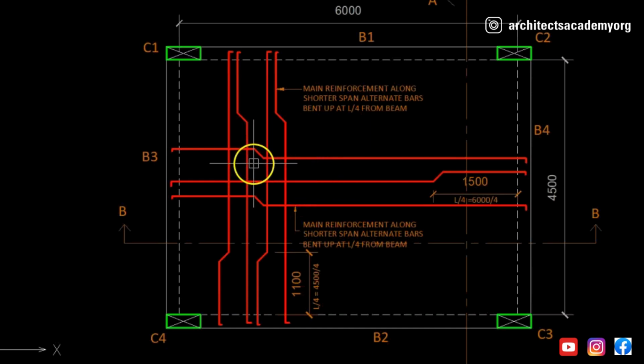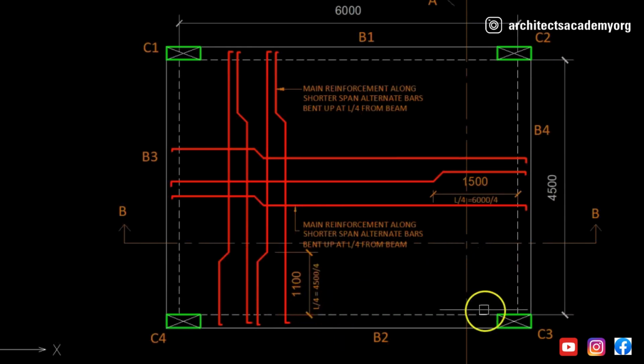The distance between the reinforcement is governed by the structural drawing, the calculations based on the structural drawing, and the diameter of the bars are also based on the structural design of the slab. You will see that on this side also the alternate bars are bent up at a distance of L by 4.